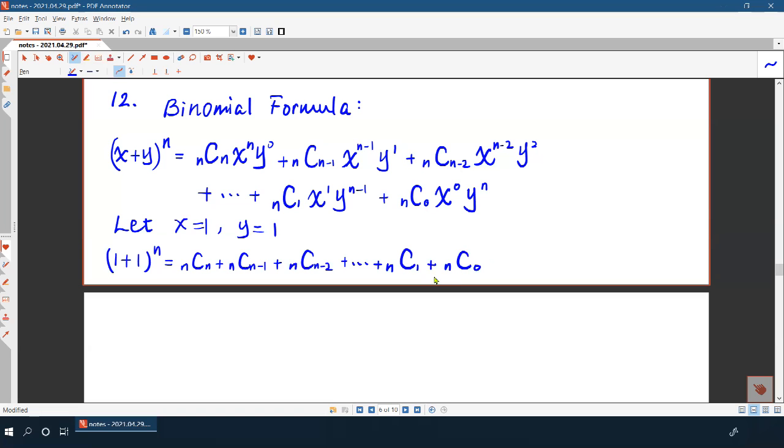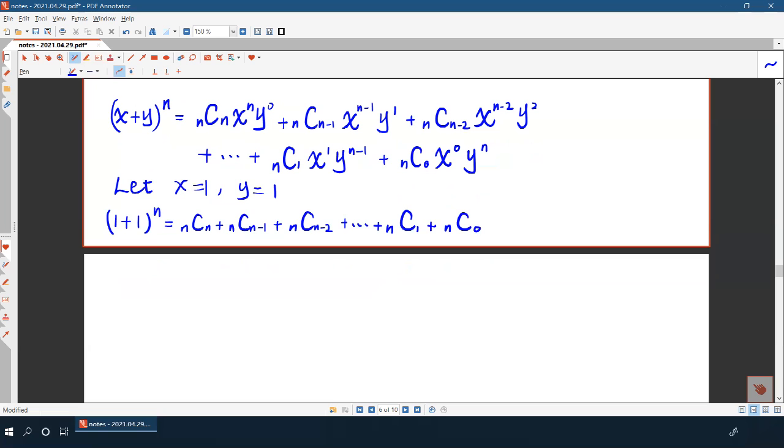Okay, this is another useful conclusion, which is 2 raised to the nth power.